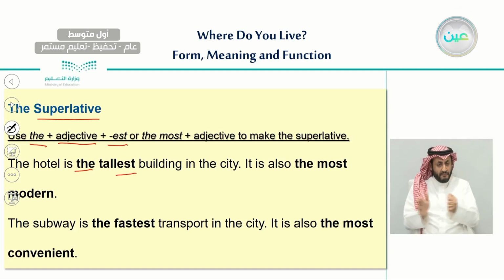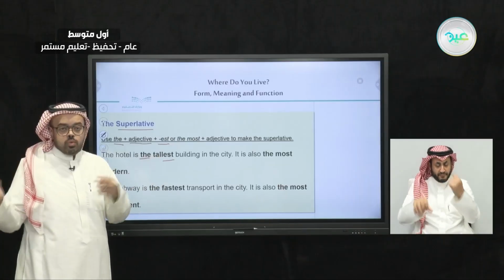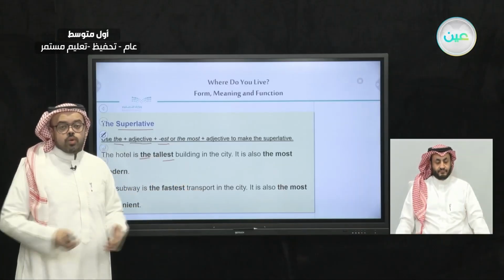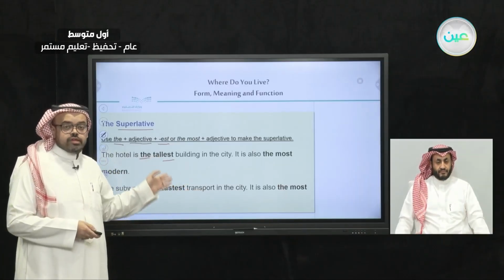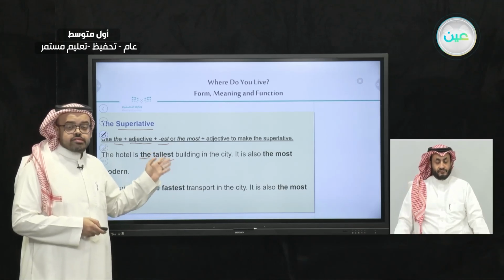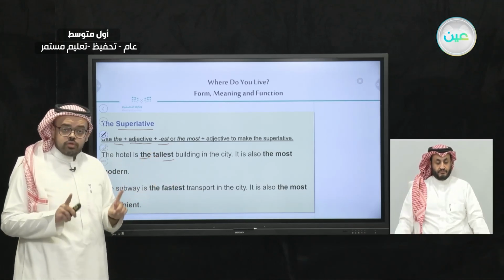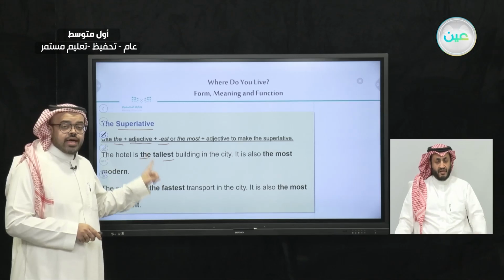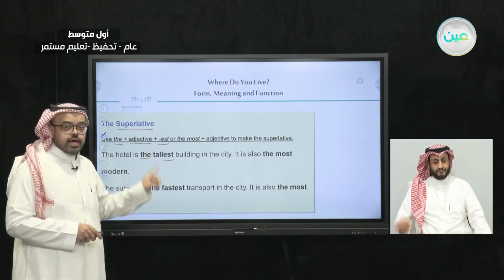The hotel is the tallest building in the city. So here we added EST to the adjective tall, because we are not comparing it with just one other building, but with more than one building. This is why we add only EST. And that's only for a one-syllable adjective, a short adjective.